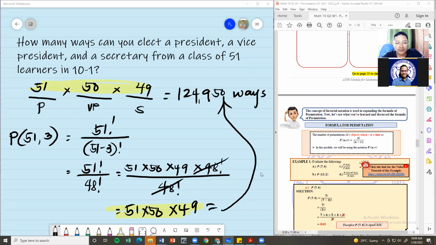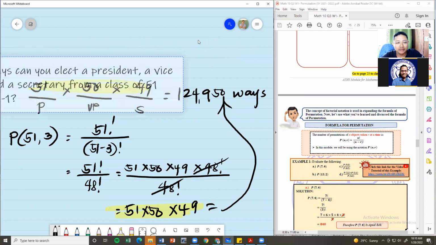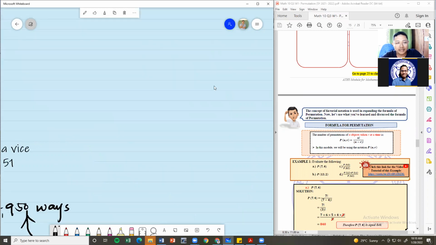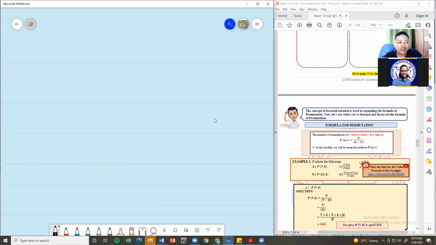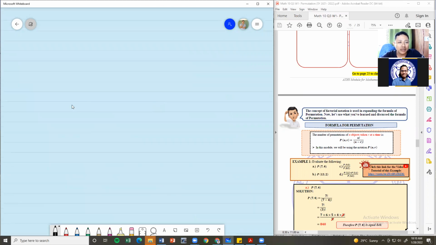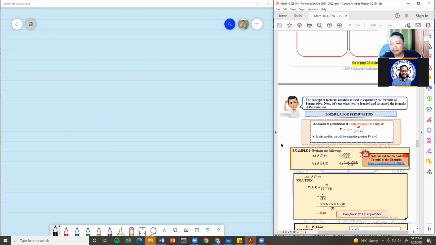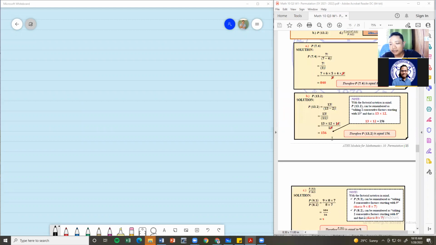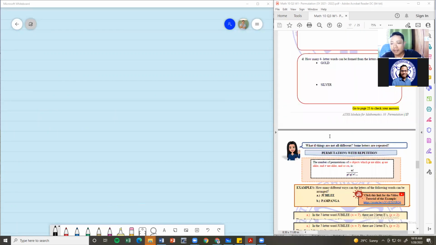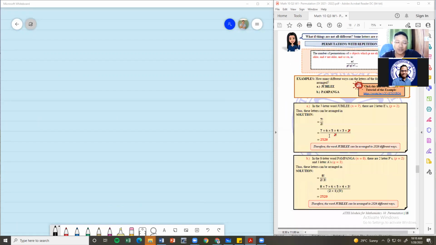Now let's move on with another type of permutation. This time, this is permutation if there are objects that are repeating. Okay, this is it. This is also easy, don't worry. Ayan, ito naman, permutations with repetition.